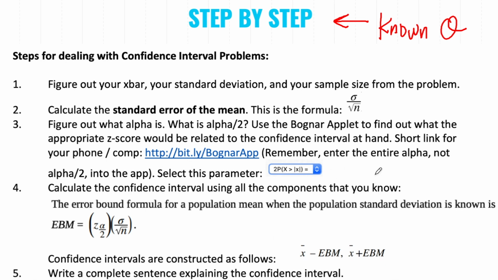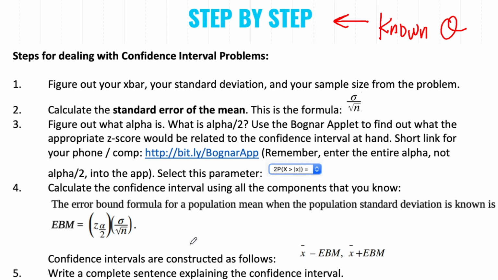Once you have your z-score, then you're going to calculate the confidence interval using all the components that you know. So you calculate your error-bound formula, what we call our EBM, and that's when we know our population standard deviation. So we take our z-score that you've calculated using step 3, and you're going to multiply it by the standard error of the mean that you calculated in step 2.